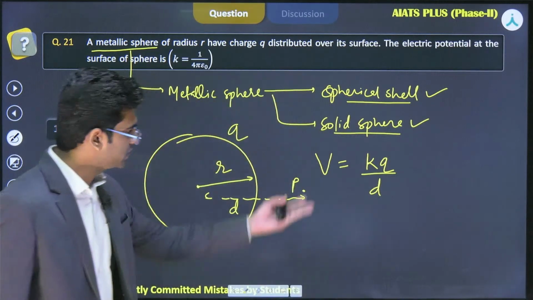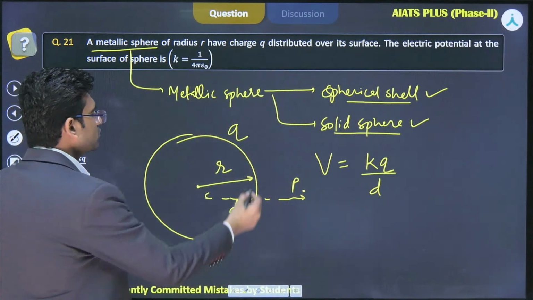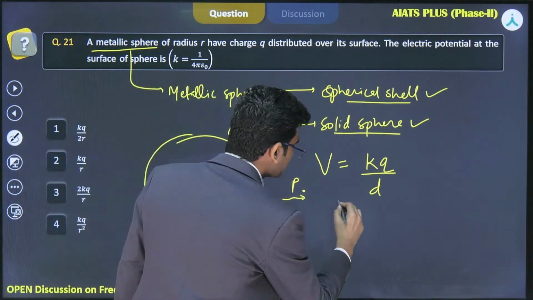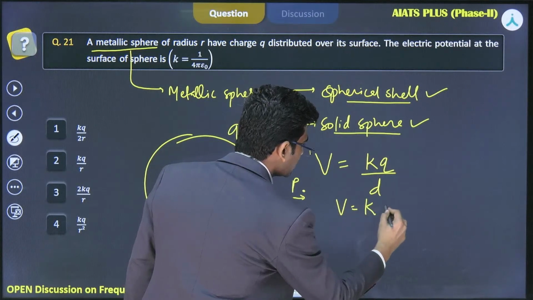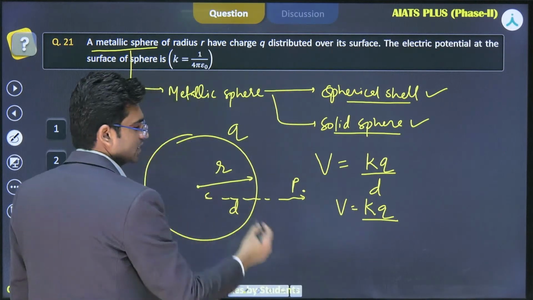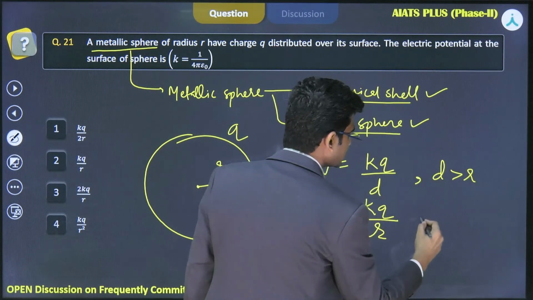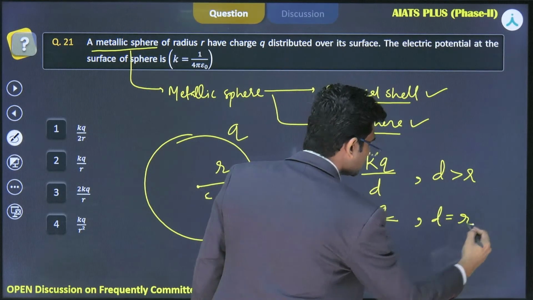What about the potential at its surface? That would be V equal to kq by r, as d becomes equal to r. So this is for d greater than r, and this is for d equal to r.